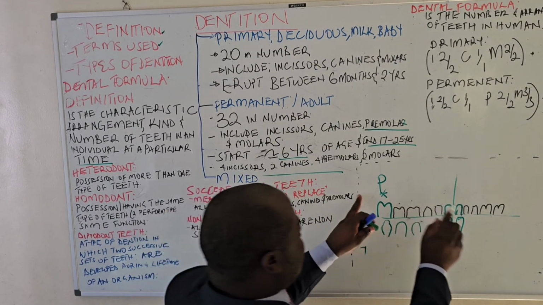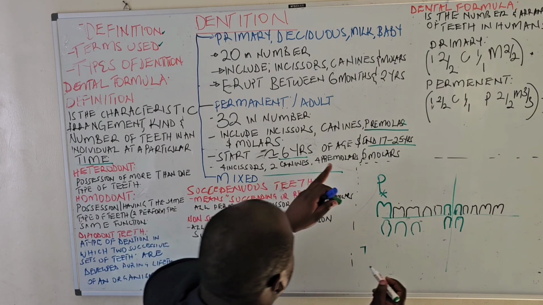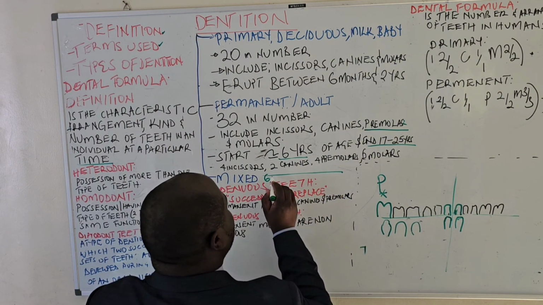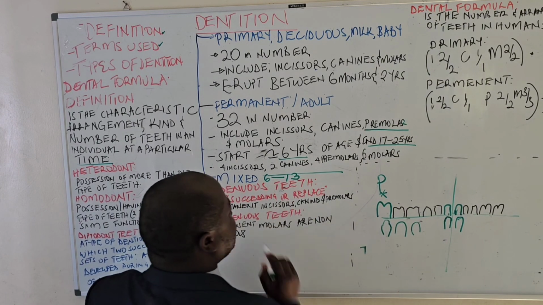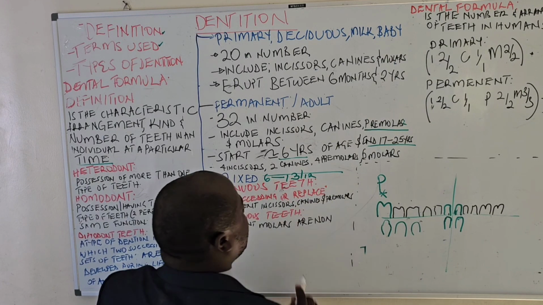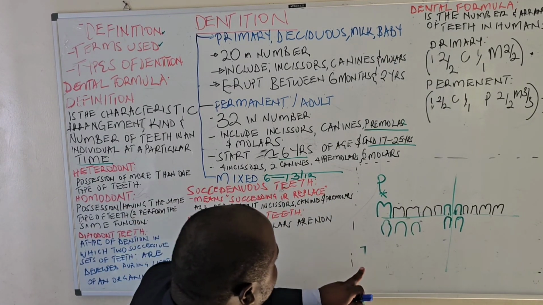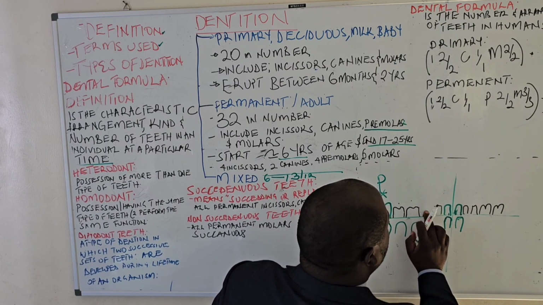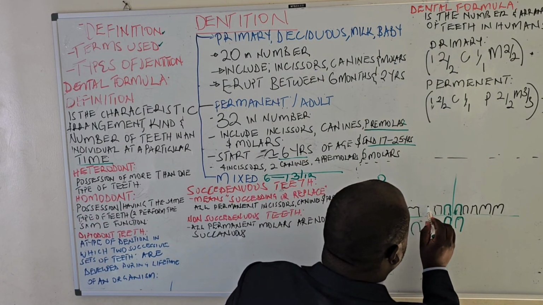So this time is between 6 up to the age of 13, or you can say 12. Why the age of 13? This is the time when we are likely to have the last tooth being replaced, and that is the canine.